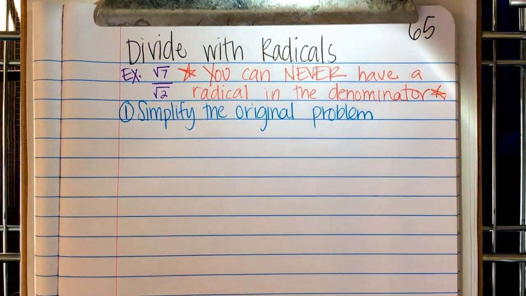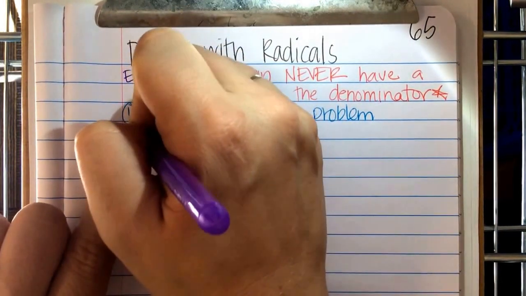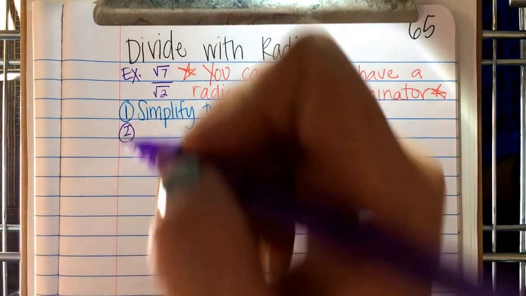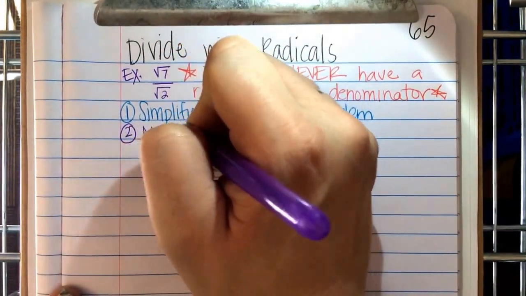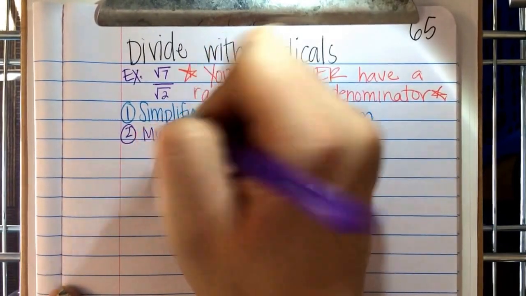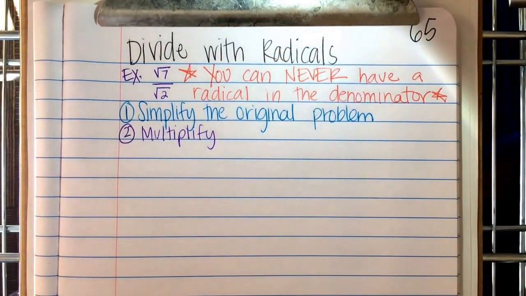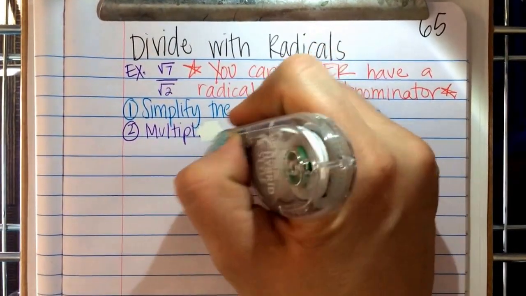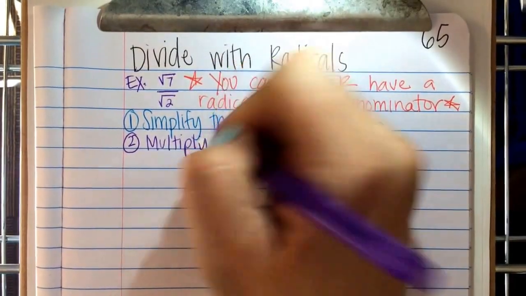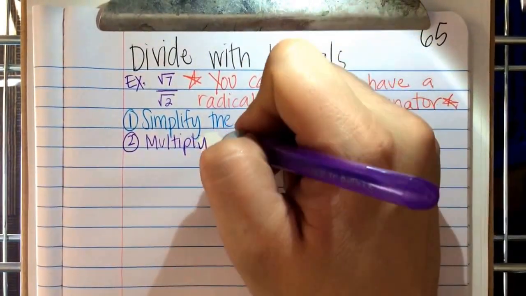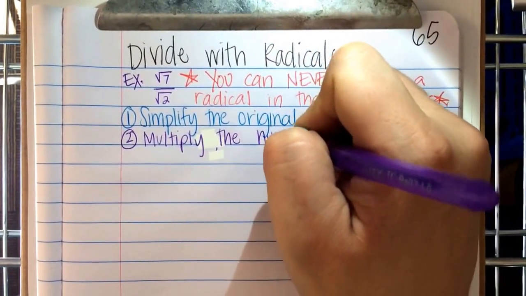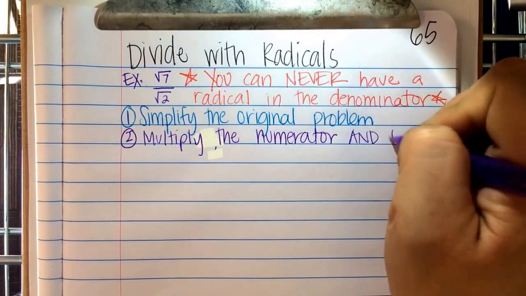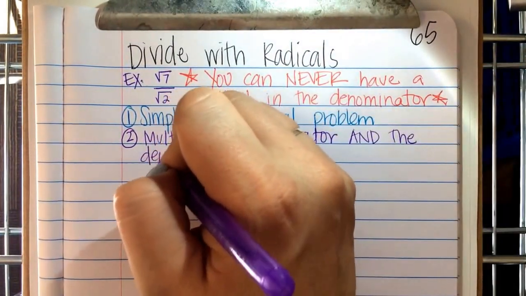After you simplify the original problem, now this is going to be confusing. Write it down and think about it as you write it. You multiply. That's not how you spell multiply. You multiply. There we go. The numerator and the denominator.